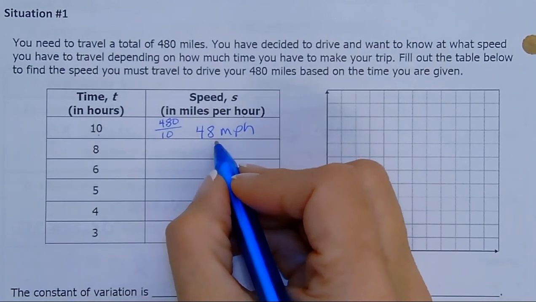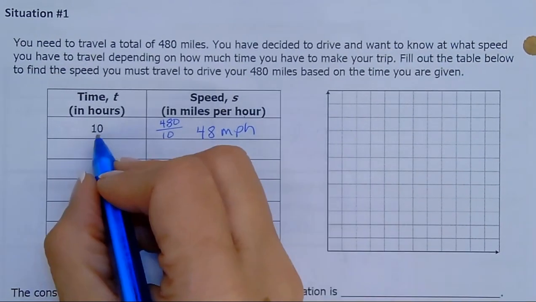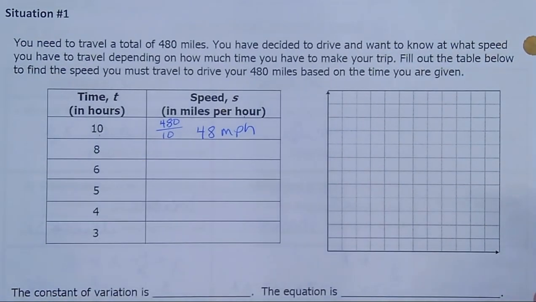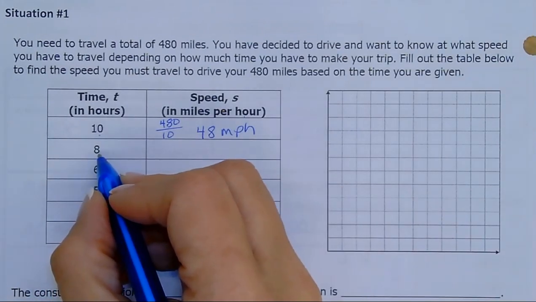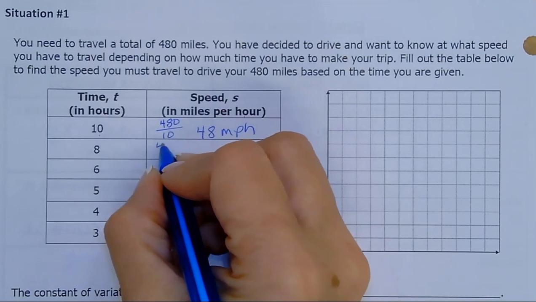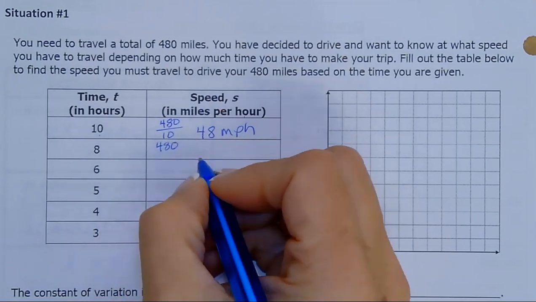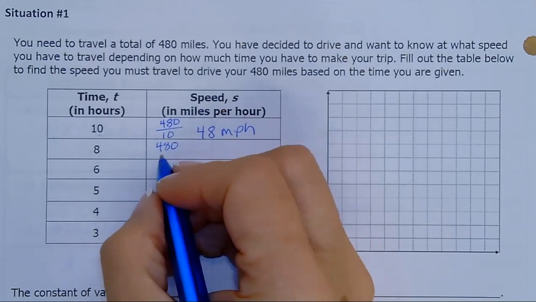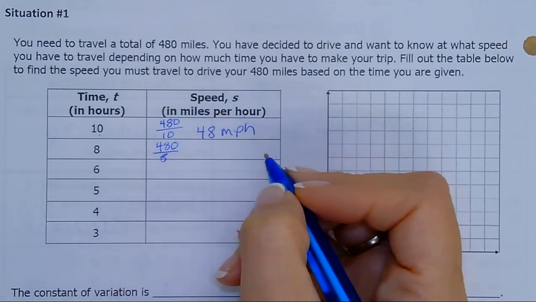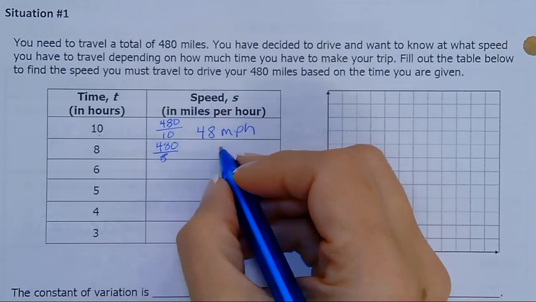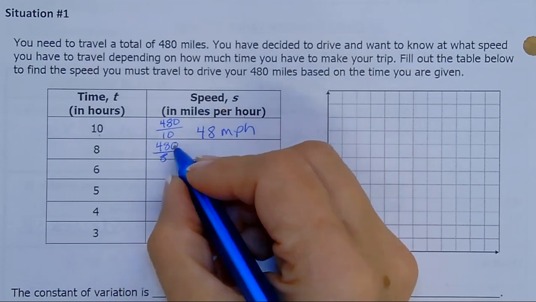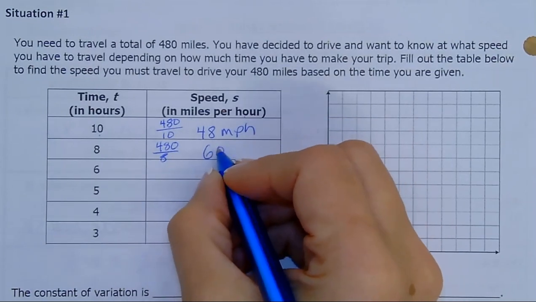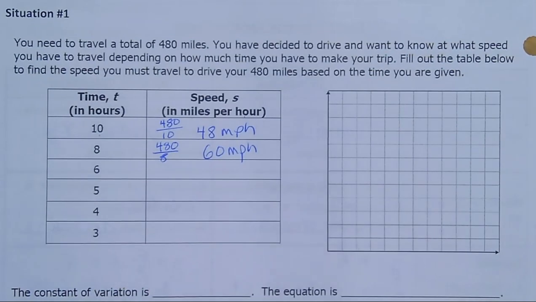So if I go 48 miles per hour, it'll take me 10 hours to do my trip. Now, if I'm going to do this in 8 hours, I know I have to go 480 miles in 8 hours. I'm going to have to go faster, right? So I do that math. 48 divided by 8 is 6, and then I still have a 0, so I'm going to have 60 miles per hour, right?